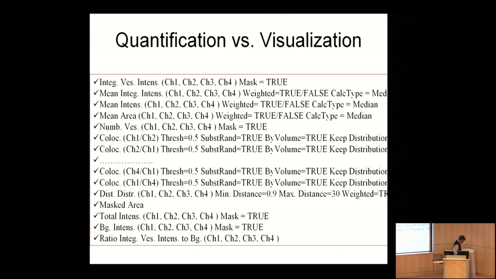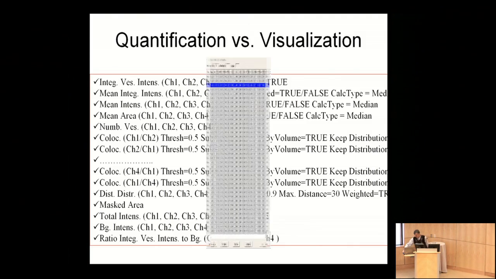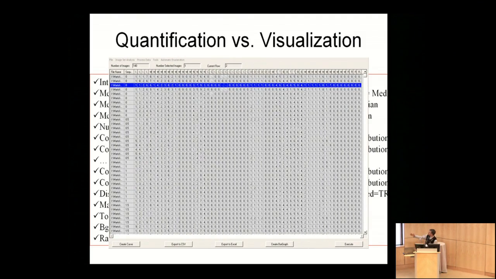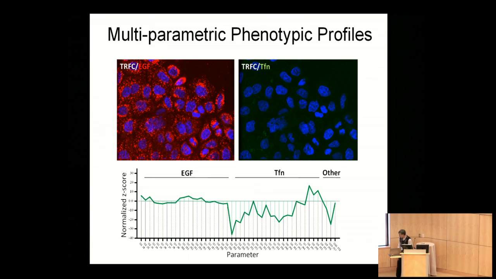So now we can extract a lot of data. I just list multiple data which we can extract on different screens. And if you put all of them for all images, you go to a huge table like that, with a lot of parameters under different conditions. But what do you do with this table? So then we go to the idea of profiles.